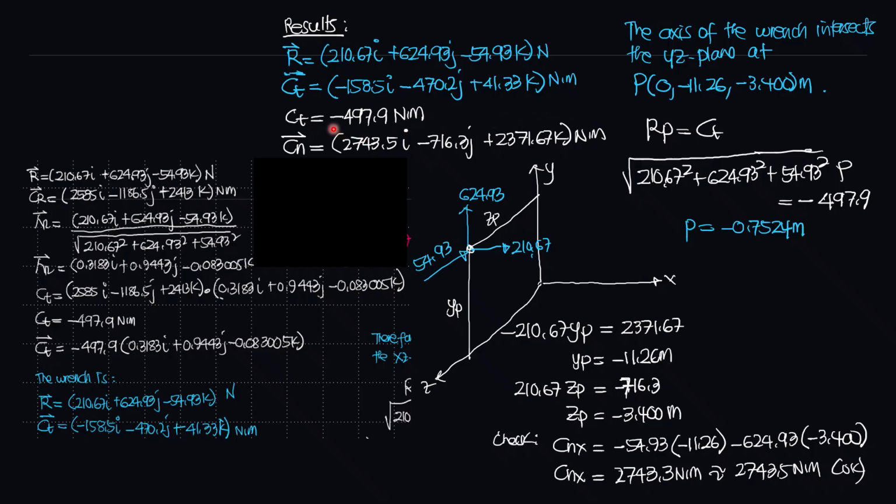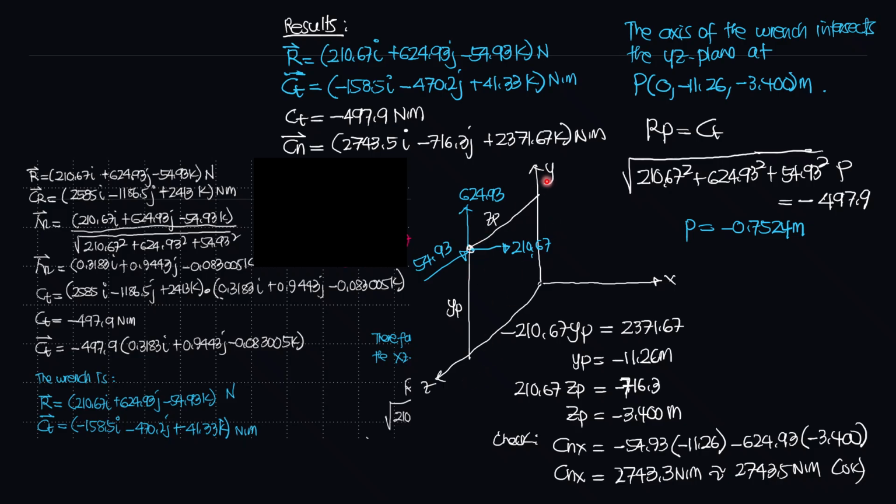This is C sub T. Then C sub N is equal to C sub R minus quantity C sub T. As a result, C sub N would be 2743.5 I, I want you to do the calculations, minus 716.3 J plus 2371.67 K Newton meter.